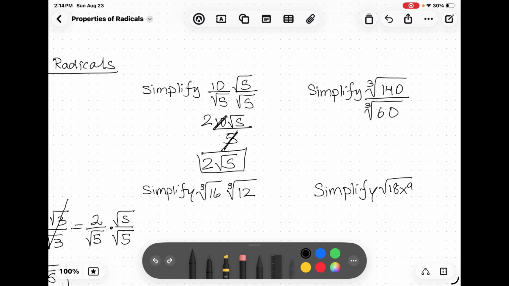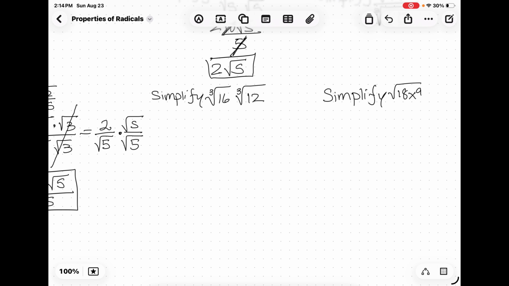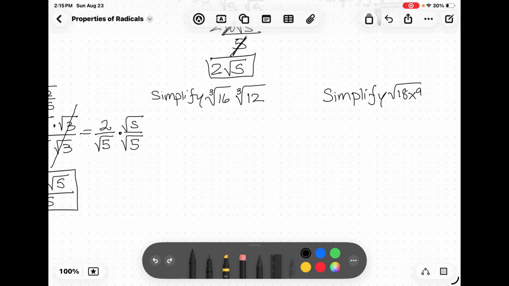Okay, this is good. Looking below here, we'll look at a different index, right? So what needs to happen here? The cube root, and I see that I can split up 16 into 8 times 2.